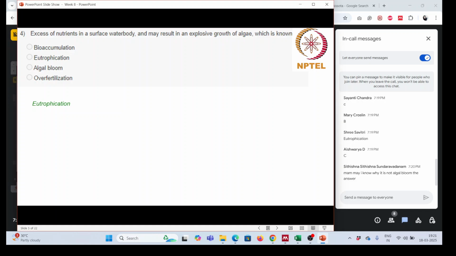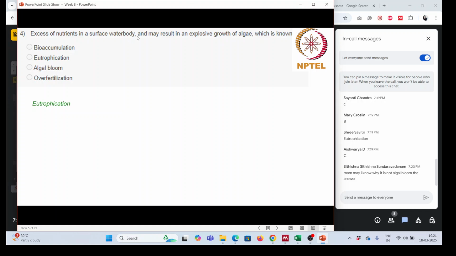Algal bloom is not the answer because you should look at the question properly. Here we are talking about excess of nutrients in a surface water body, and may result in explosive growth of algae, which is known... Here, when we use this many commas, it is kind of a grammatical question also.